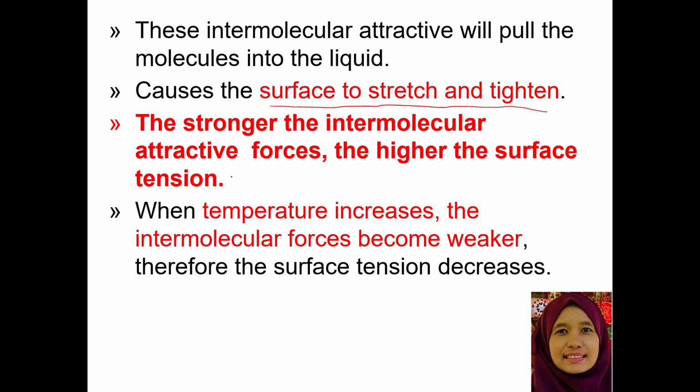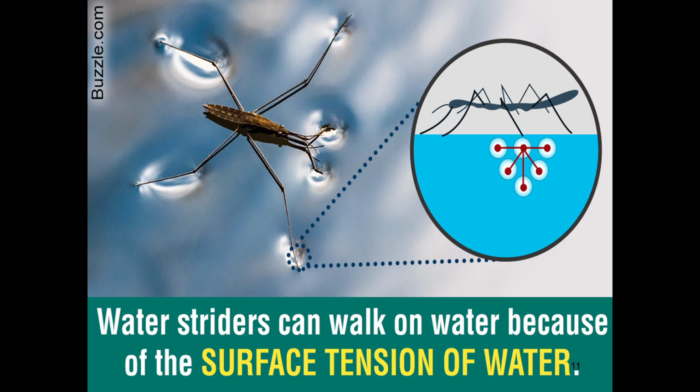But when we increase the temperature, the kinetic energy of the molecule will increase, until the intermolecular force can be overcome by the kinetic energy, so the surface tension will decrease. Okay, this is the example of the surface tension in water.